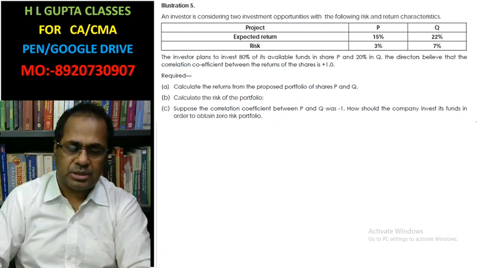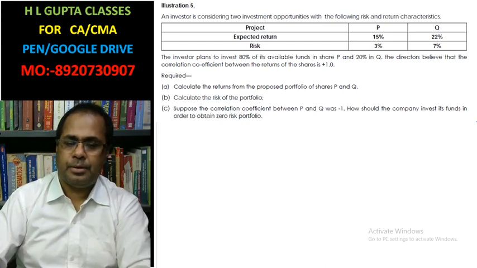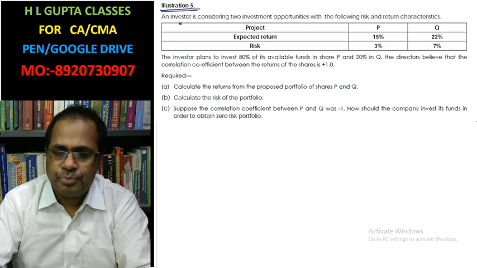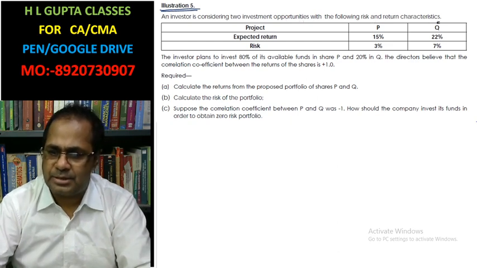Please look at the questions here. Please read the question. This is illustration number 5. An investor is considering two investment opportunities with the following risk and return characteristics.